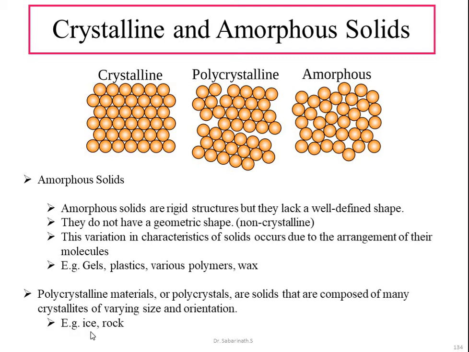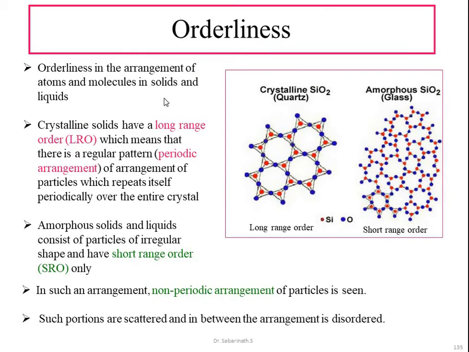If external heat is applied, ice will lose its shape, and rock also loses its shape if we apply external pressure. These are the basic types of materials: crystalline, polycrystalline and amorphous.